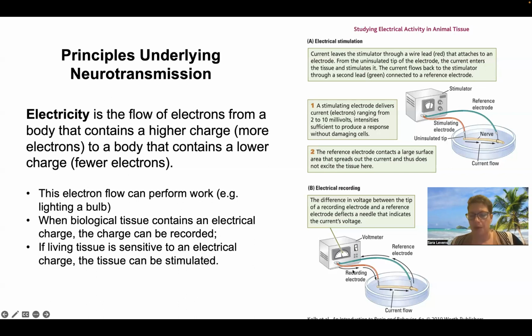Then you can record this. They were able to do this experiment and show that electricity actually flows down here. And then they started to say, okay, if we're going to take this to the next level, what does some of this mean?